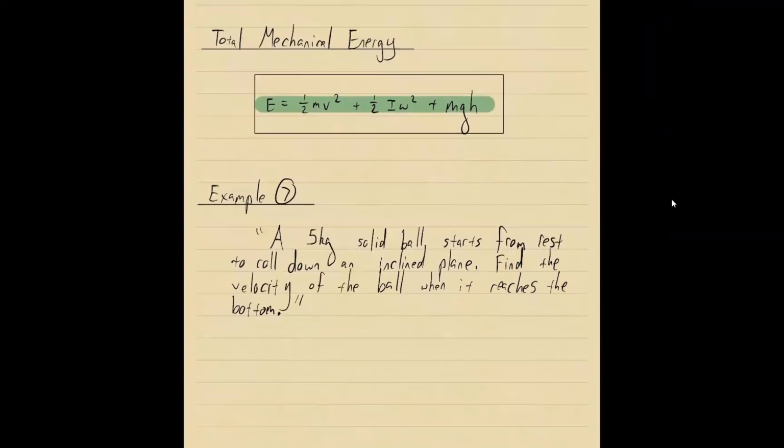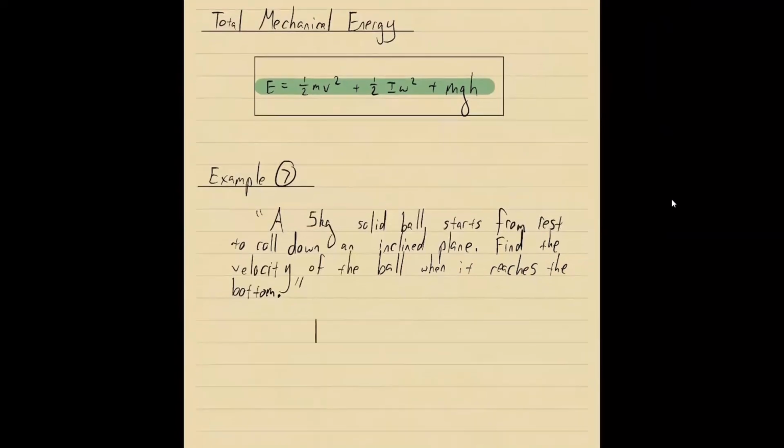All right. So the problem gives us a triangle. Kind of looks like this, right? This is our inclined plane. The problem tells us that this angle here is 30 degrees. We have the ball up here at the top, starting from rest. Apparently this is a height of 10 meters.